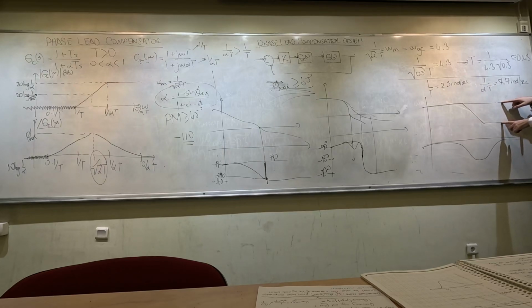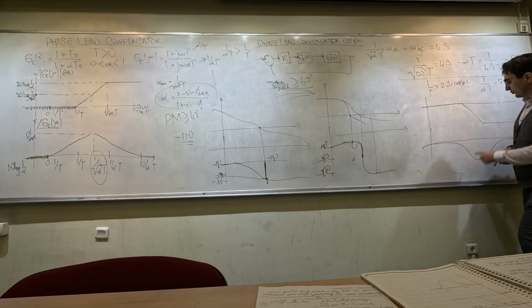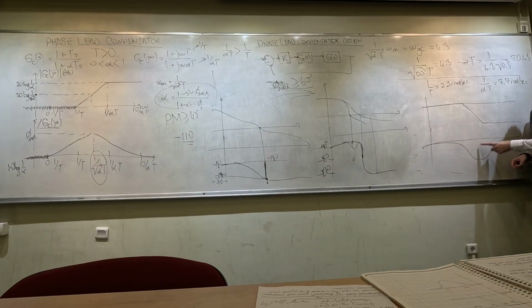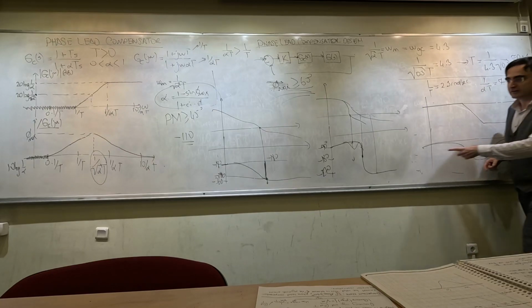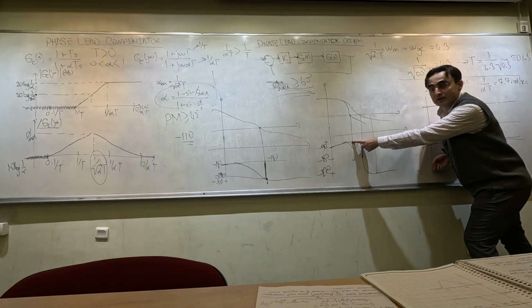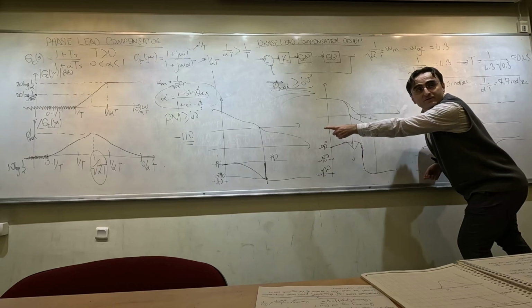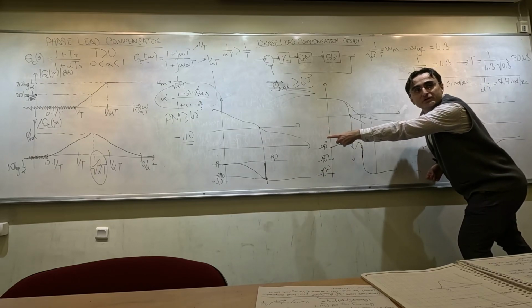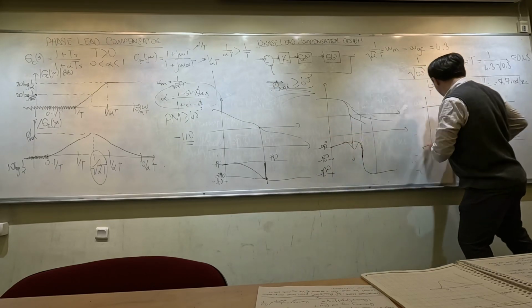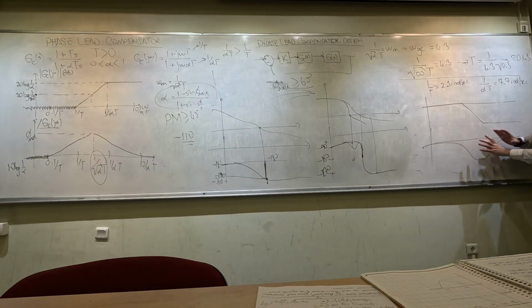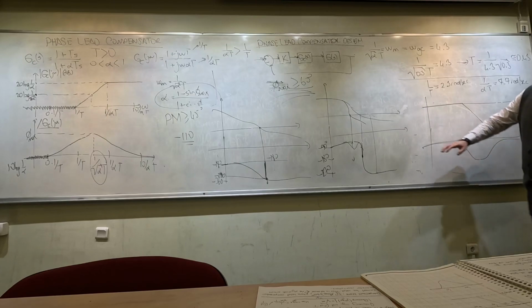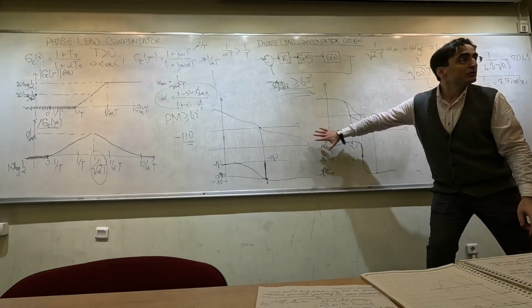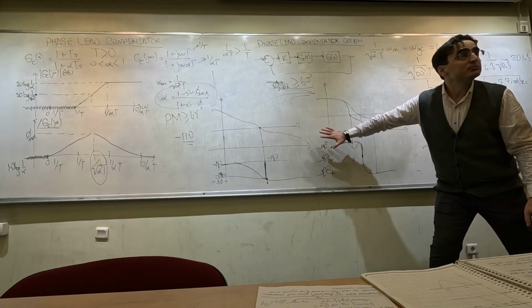This negative gain would continue until infinity. So instead of placing this minimum phase point somewhere around here, I can place it as far to the left as possible. I can try to place this peak or dip of the phase as far to the left as possible here.